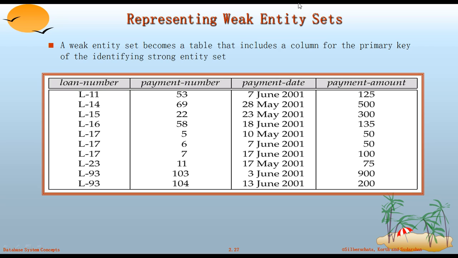Representing a weak entity set: here it is joined with the strong entity set, with loan number, payment date, and payment amount. Loan number is an attribute of the strong entity set, and payment number acts as the primary key together with loan number.